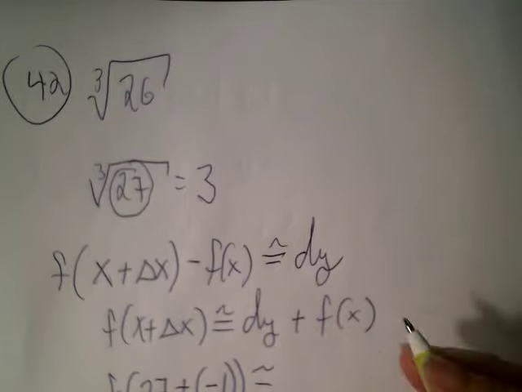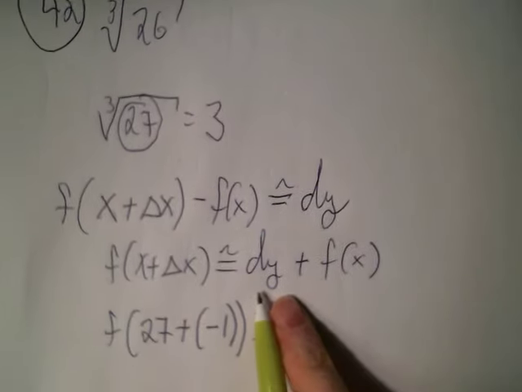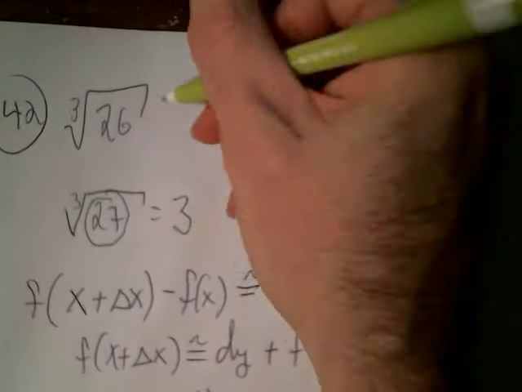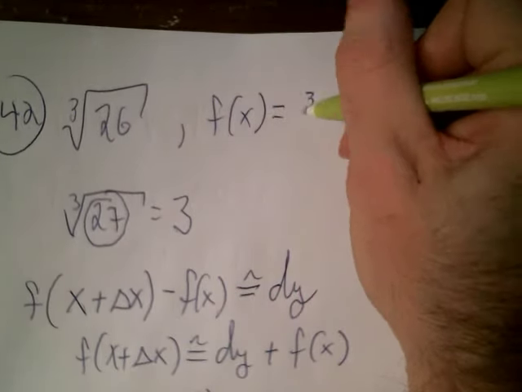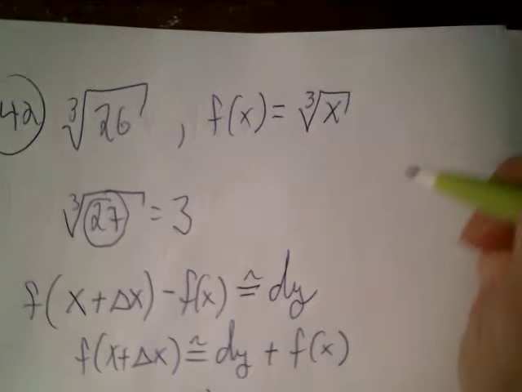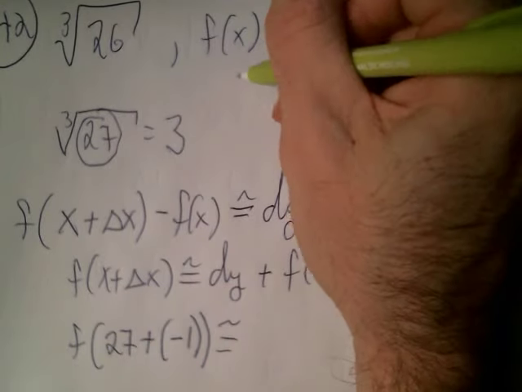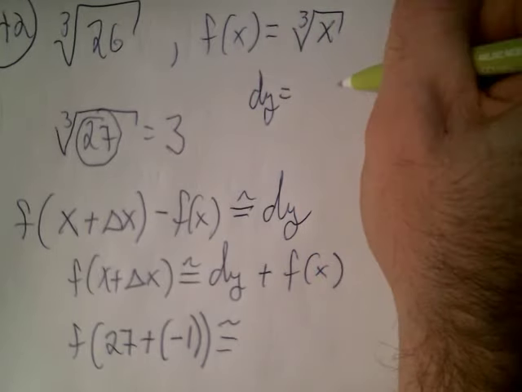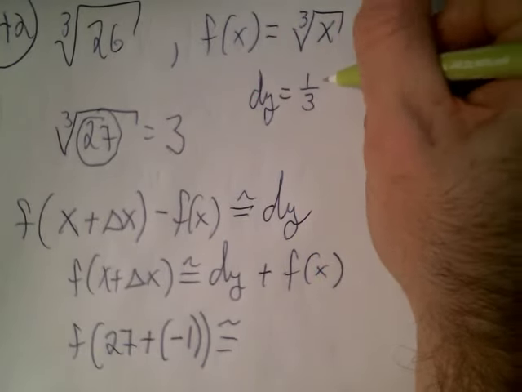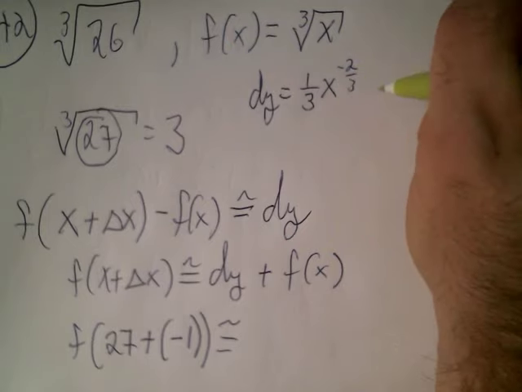This will be approximately equal to the differential of y. So what is the function I'm dealing with? You can consider it to be the cube root of x. Okay. And then dy will be 1/3 x to the -2/3 dx.